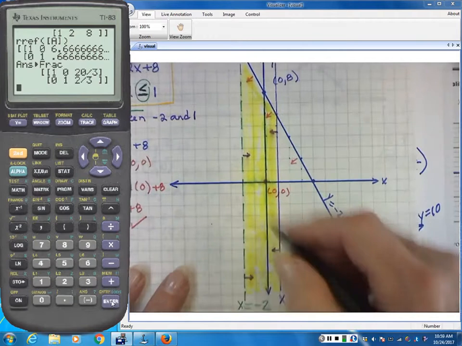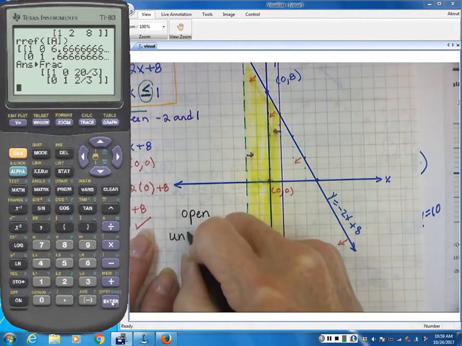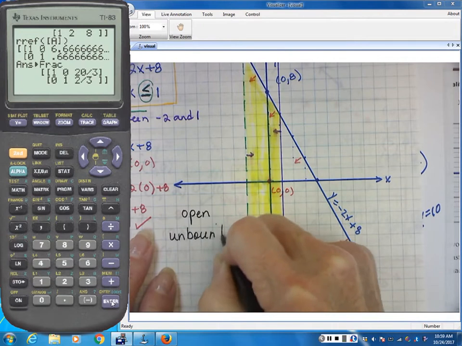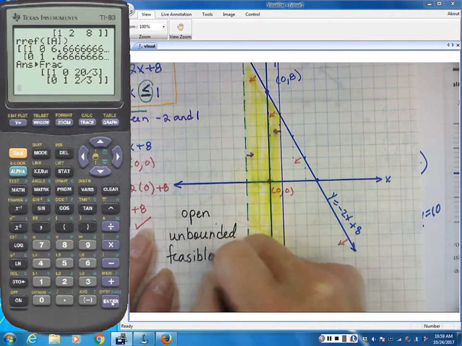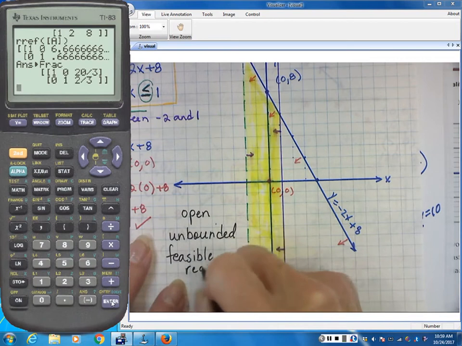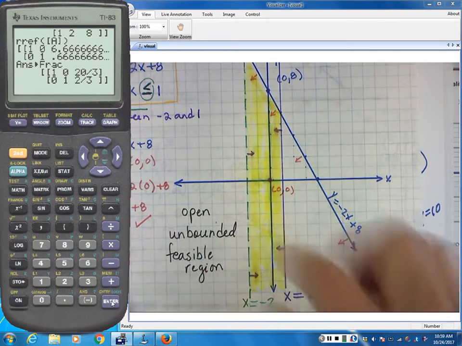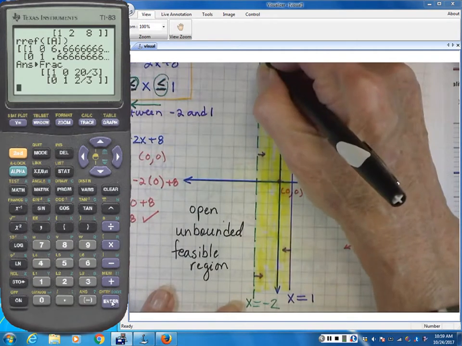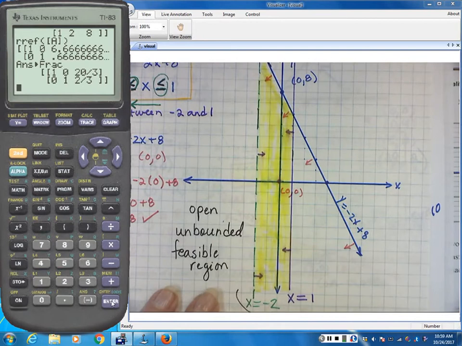This is an open or an unbounded feasible region. And the reason it's unbounded or open is because it's closed in here, here, and here, but at the bottom down here, that continues on forever. So it doesn't have a bottom on the feasible region. That feasible region goes on to negative infinity.